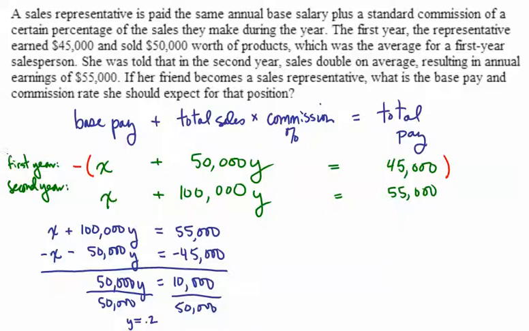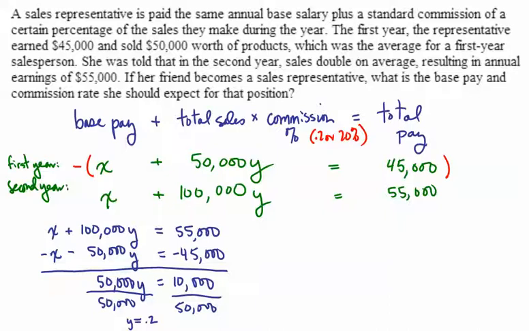And what is Y? That is going to be our commission percent, 0.2 or 20%. So if the question asks for the percent, you have to say it's 20%. The value that we get here is 0.2, which is equivalent to 20%.